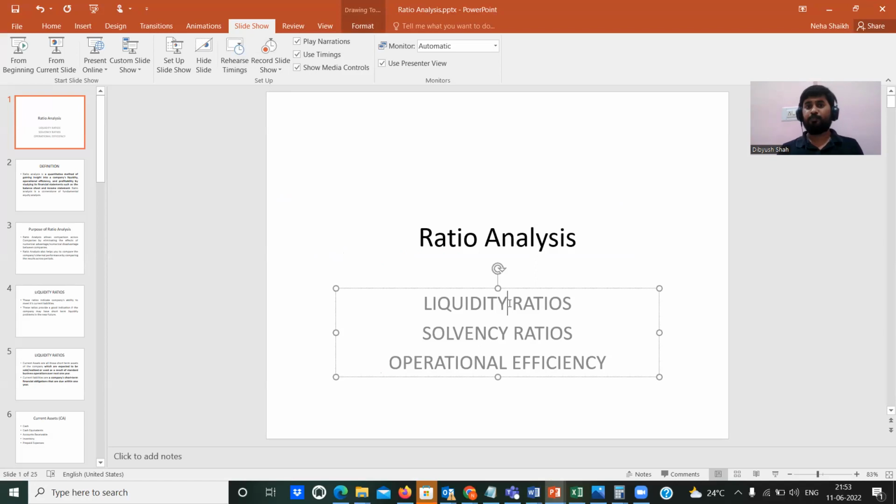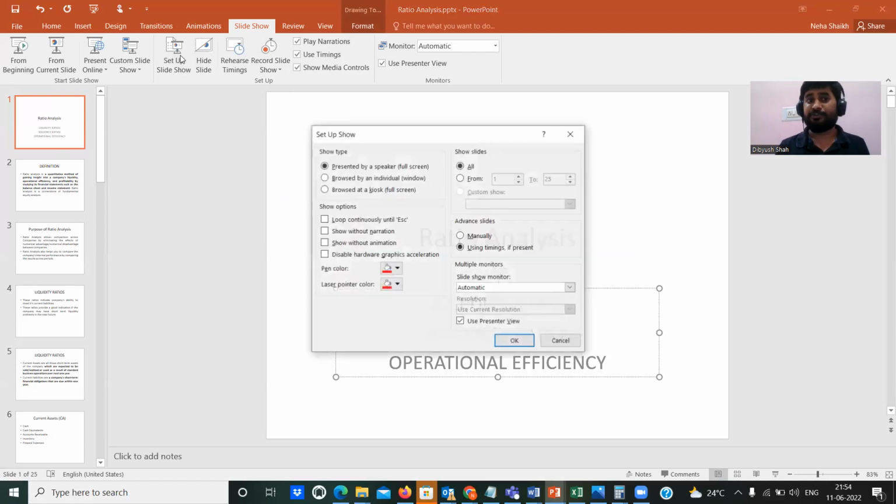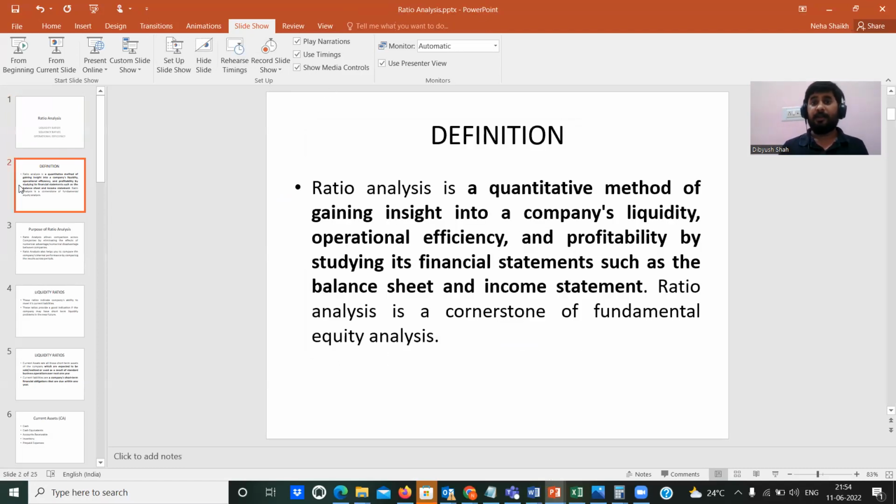Here, we will be primarily discussing three ratio analyses, that is liquidity ratios, solvency ratios, and operational efficiency ratios. If we look at the definition, what is ratio analysis?